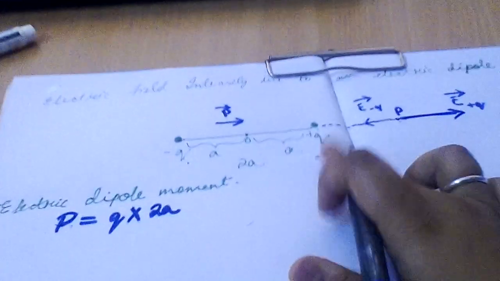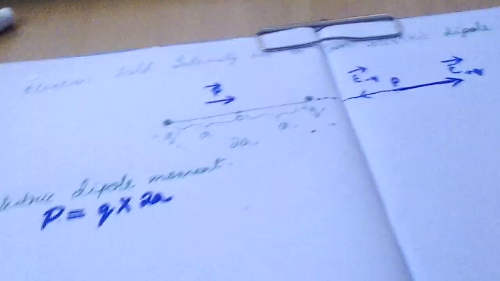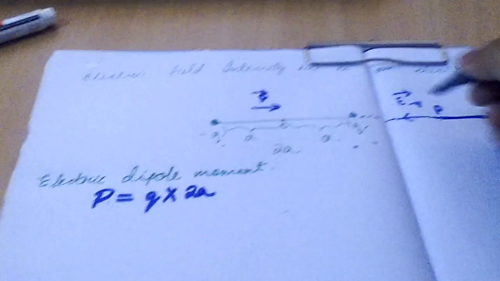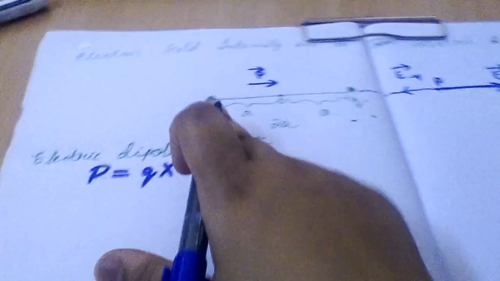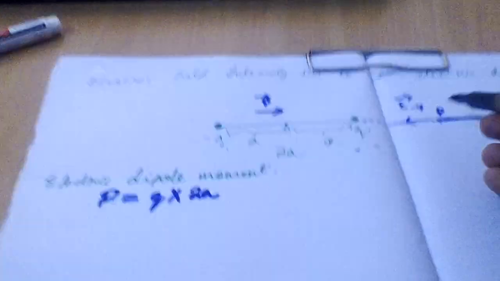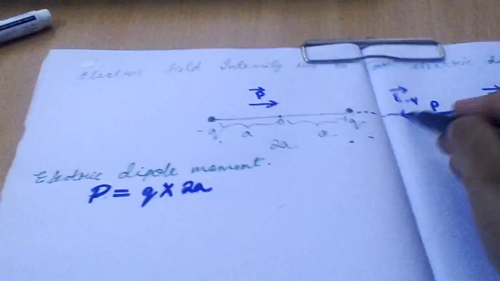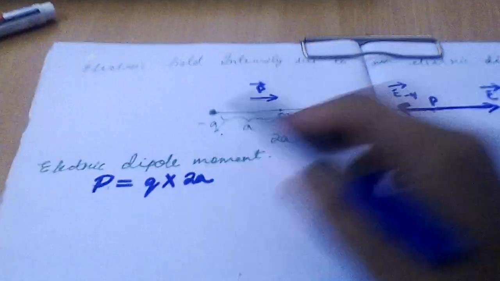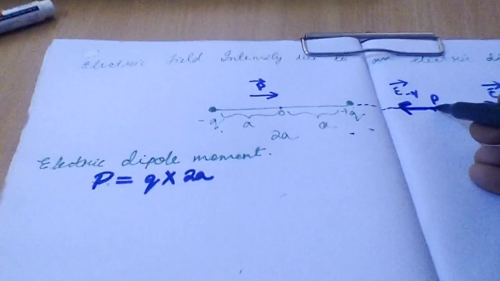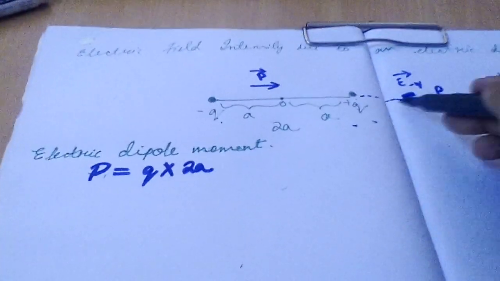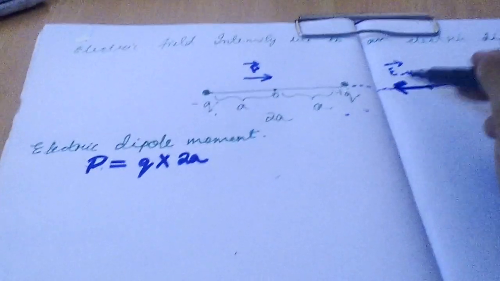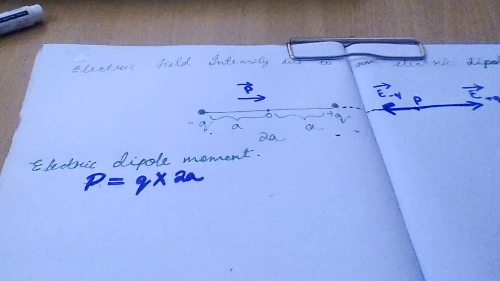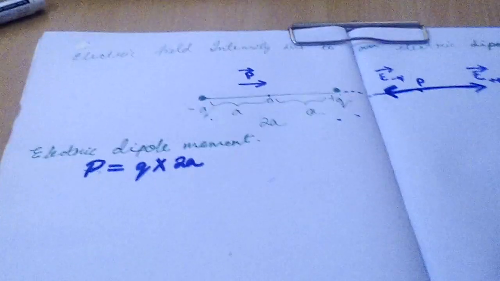And the electric field intensity at point P due to a negative source charge, minus Q, is always directed towards it. Since minus Q is here, the electric field intensity at P because of this negative charge is in this direction. So E minus Q, the electric field intensity due to the negative source charge, is in this direction. Now the lengths of the vectors are varying.